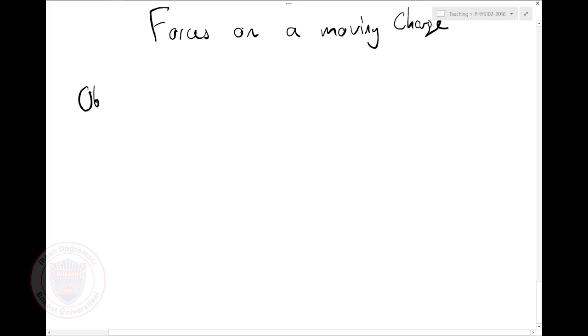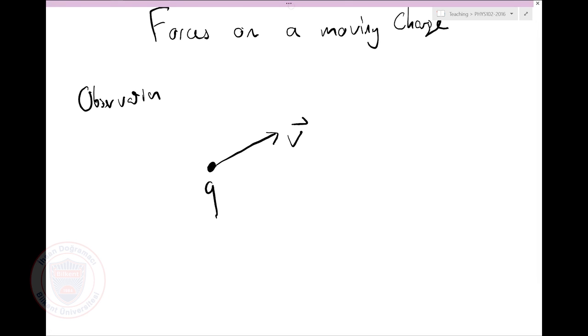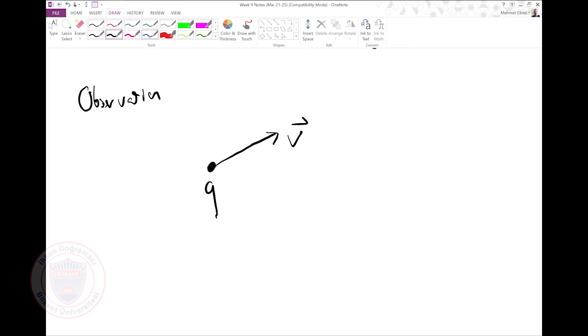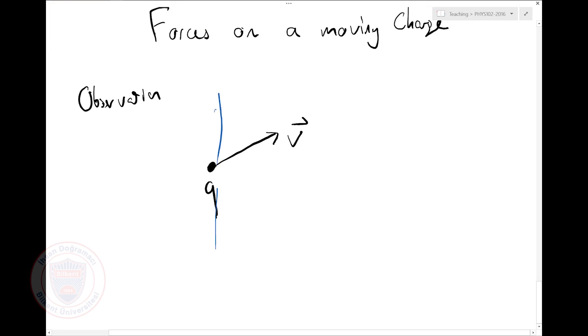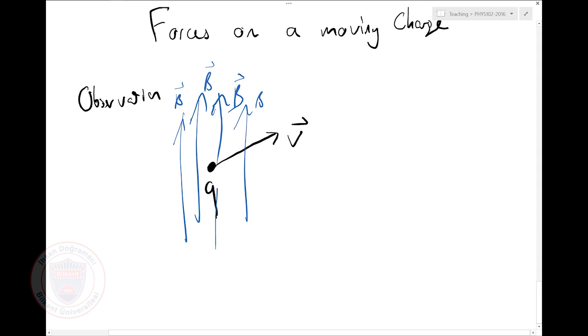So the observation is the following. If I have a charge q moving with velocity v under some magnetic field B, there is a force on this charge.